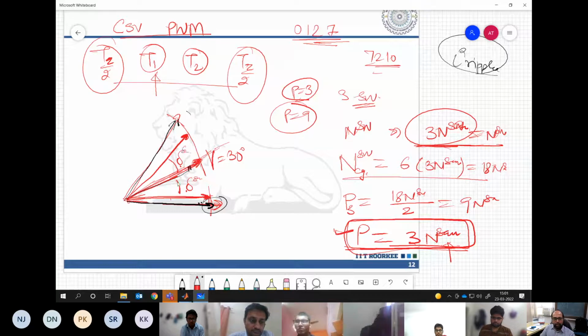Delta sampling is the angle between two samples, and it is nothing but 60 degrees divided by n_sample per sector.